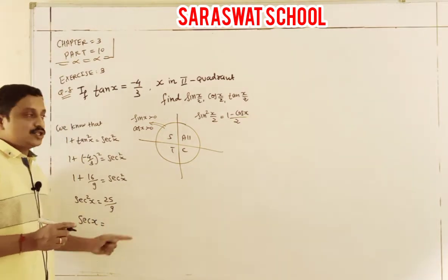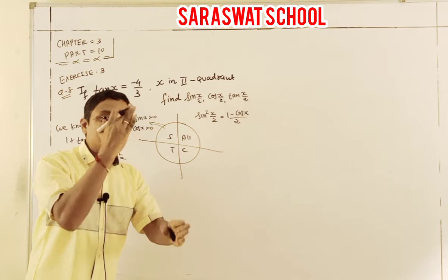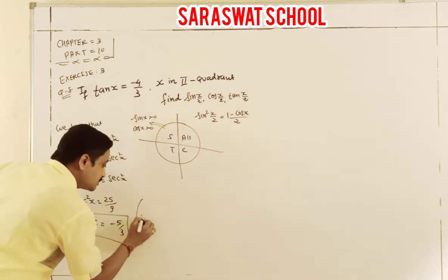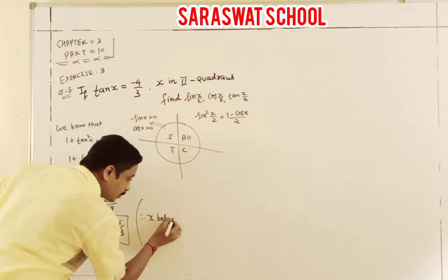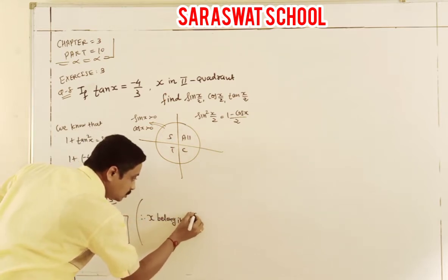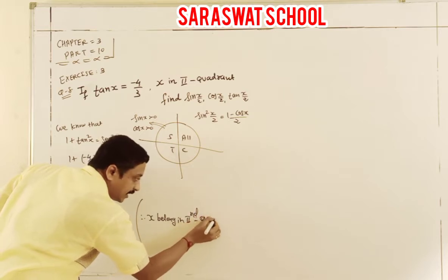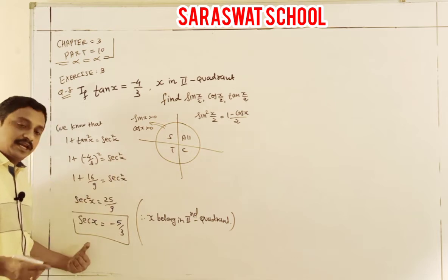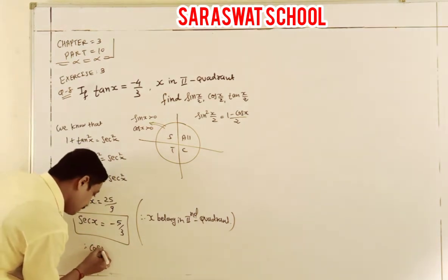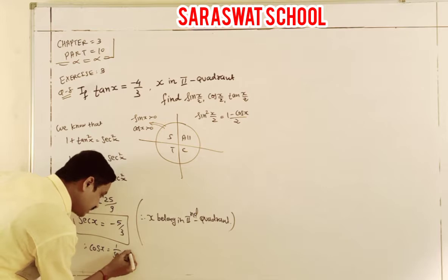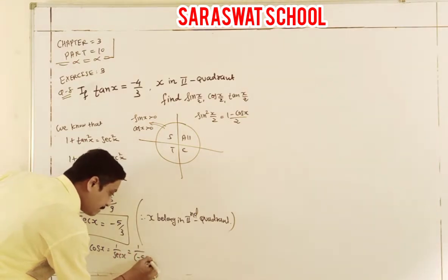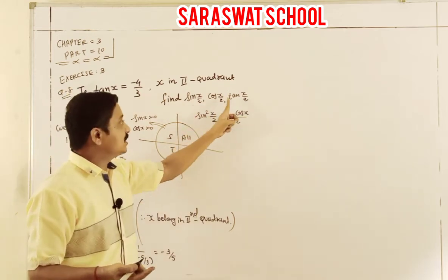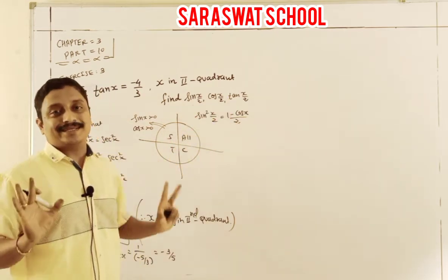Here, you are in the second quadrant, so the sec x function is negative, minus 5 by 3, because x belongs to the second quadrant. Students, the quadrant is necessary, that's why I have written minus here. So what is the cos x? It is 1 by sec x, 1 by minus 5 by 3. And why was sec x derived? I want this cos x.